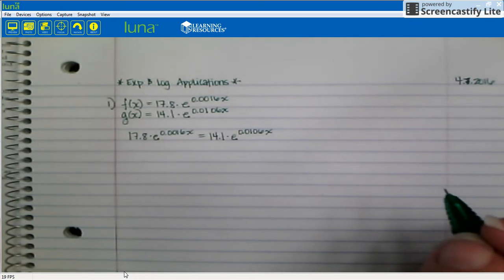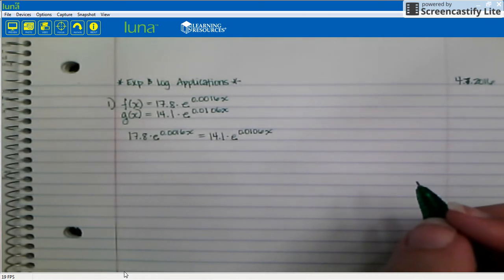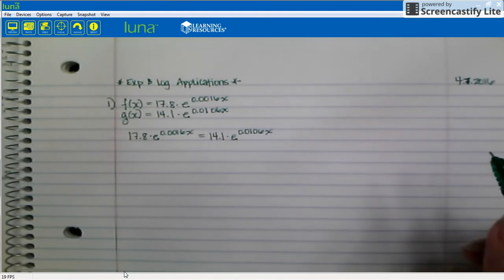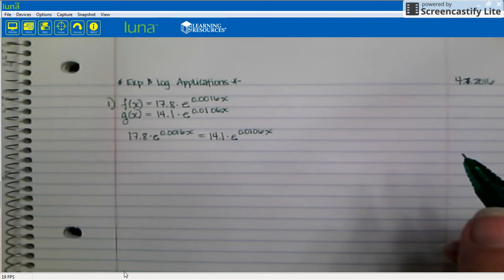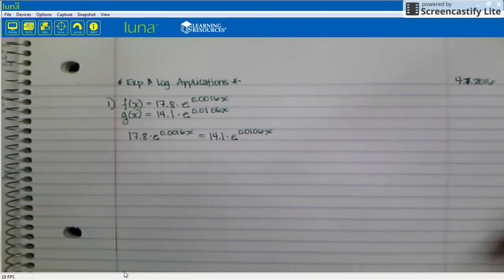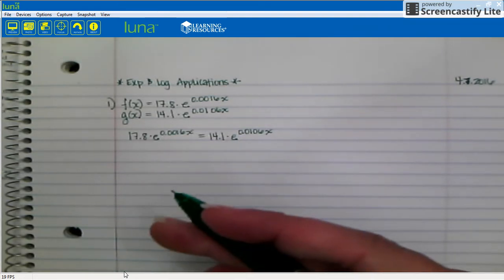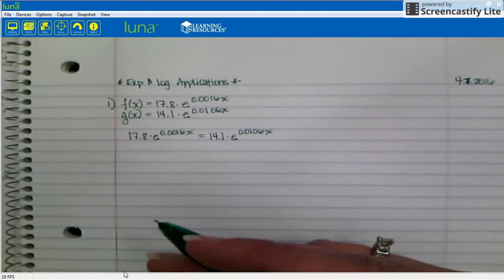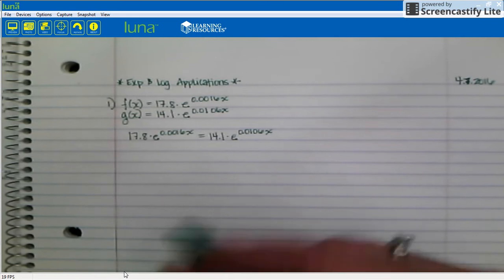Now, at this point, in order to adequately solve the equation, you're going to have to rewrite both sides as a logarithm. When I do that, it requires more algebra than it's worth.